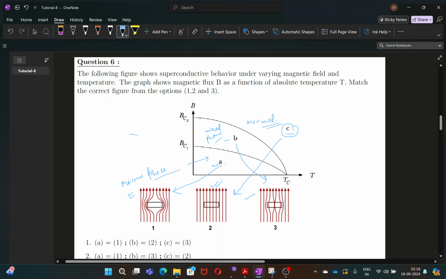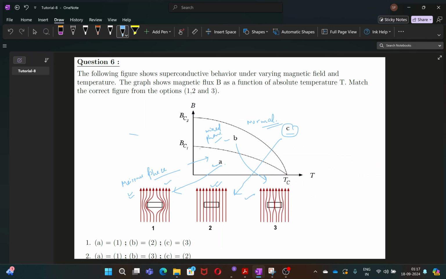So what I said is that for type 2 superconductors, there are two critical field values present. The first critical field value is up to which it is purely in the superconducting phase or pure Meissner state, where it completely repels out any magnetic field that is present there. So that is why the diagram looks like this. The field lines are all repelled out by the superconductor sample.